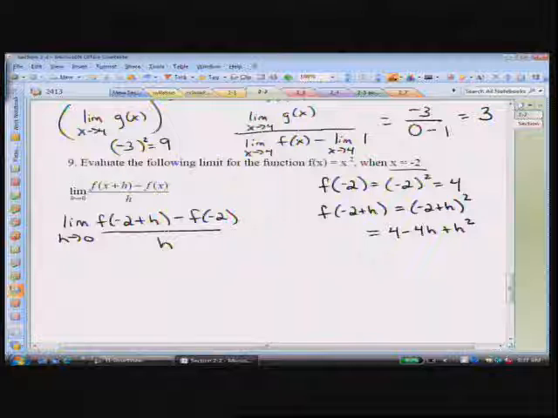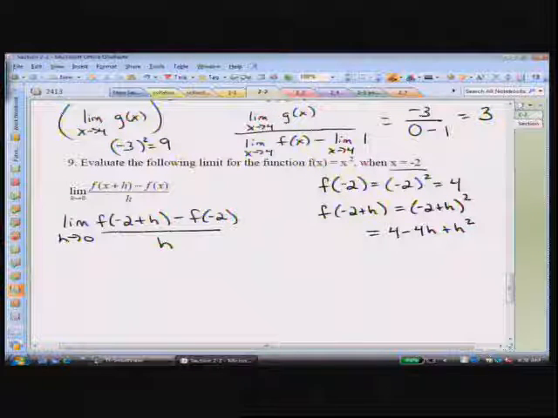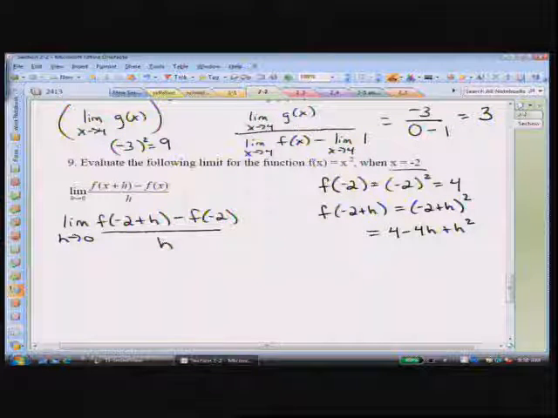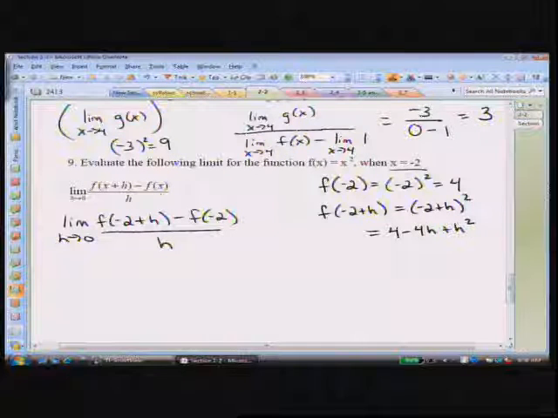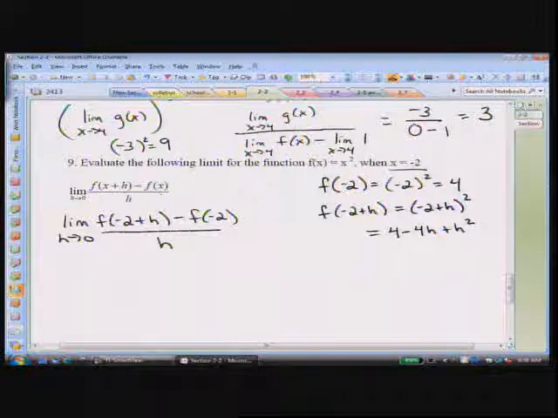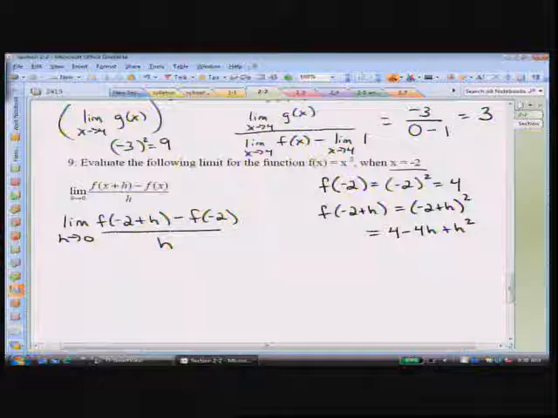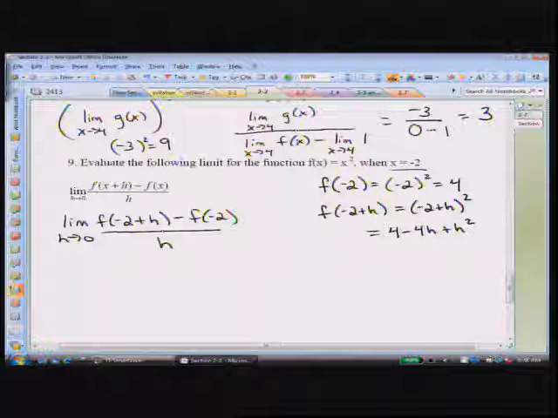Everybody okay? Can we explain again why? Okay, so we started with what they gave us. They asked us to evaluate this when x equals negative 2, and they told us what the function was. So I'm going to take negative 2 and put it wherever I see an x. I haven't done any work with a bunch of f's, so I need to express this entirely in terms of x's or h's.